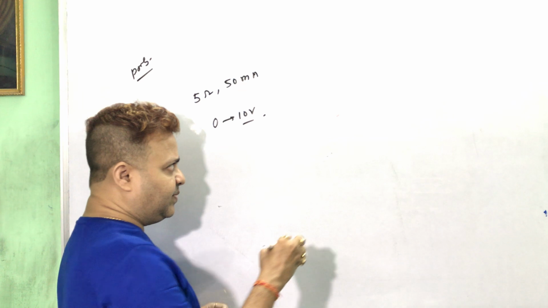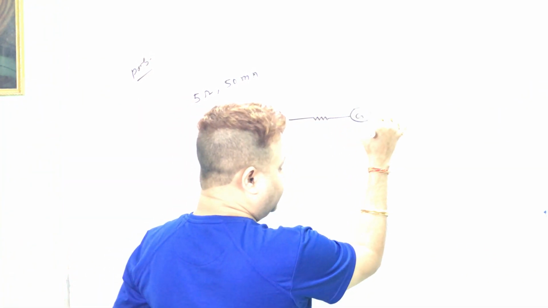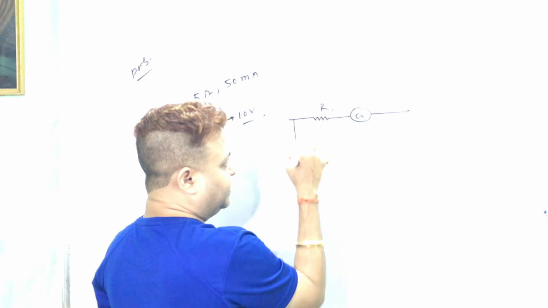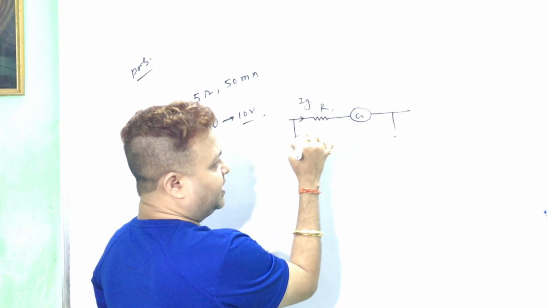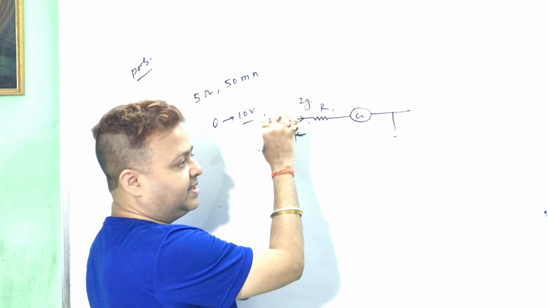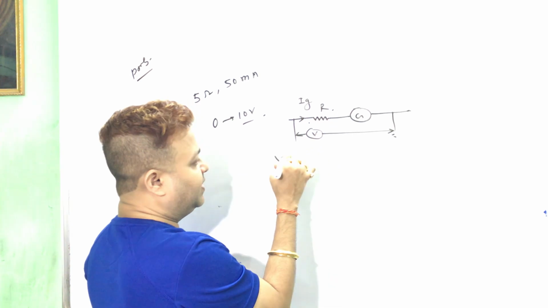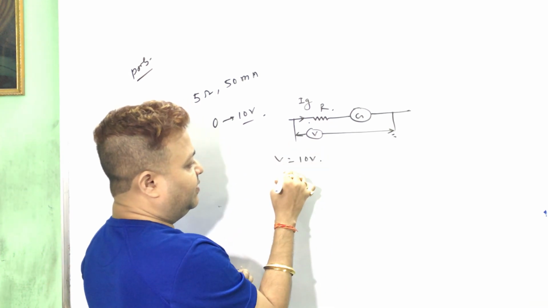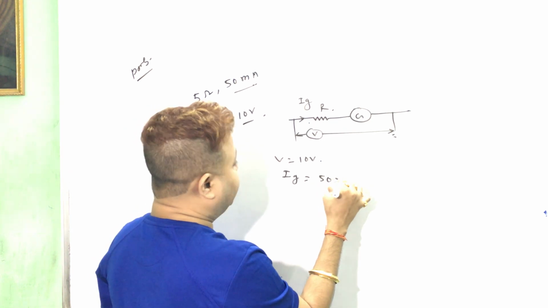Now, to convert the galvanometer into a voltmeter, a high value of resistance is to be connected with the galvanometer in series. The current flowing through the galvanometer is the same as the current flowing through the connected resistance, since they are in series. The voltmeter reading is given: 10 volt. The current flowing through the galvanometer is 50 milliampere.